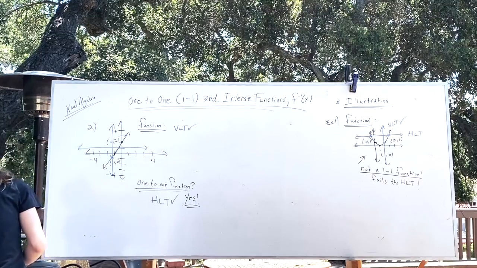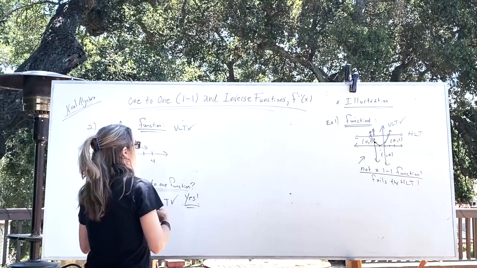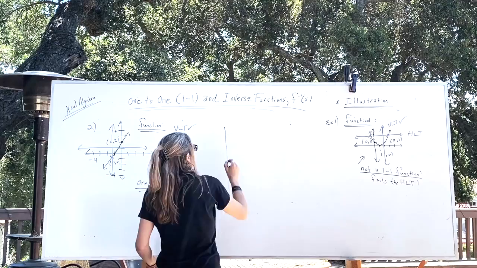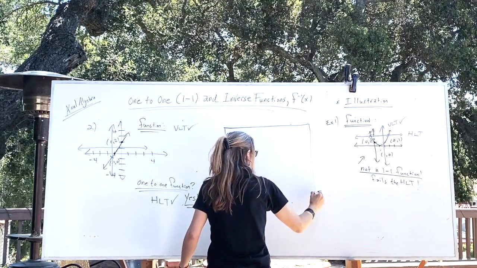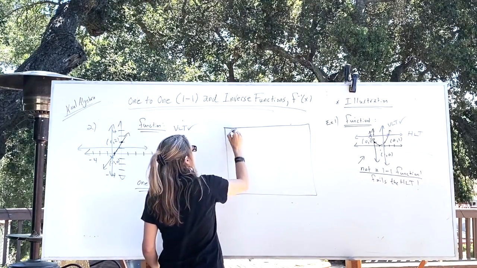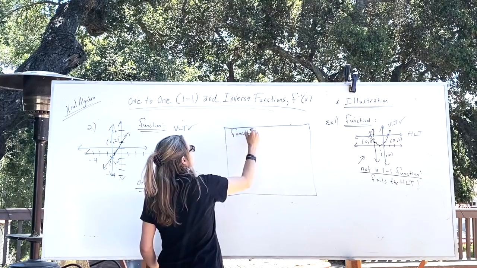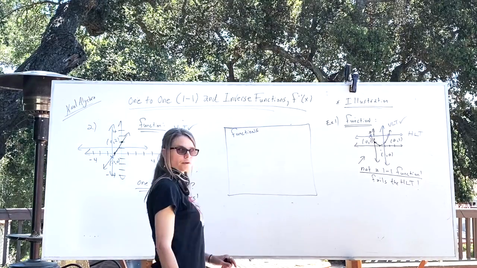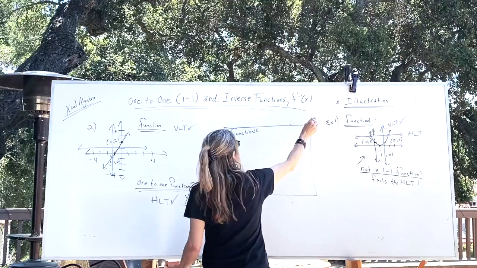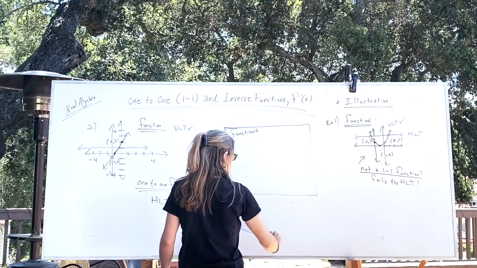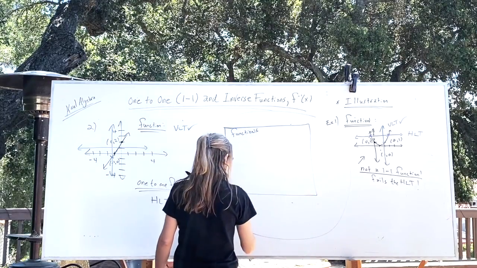One thing we could draw out to help you understand: if you take a look at all your different functions, there's a whole variety out there. And remember, functions are part of a larger universe called relations.